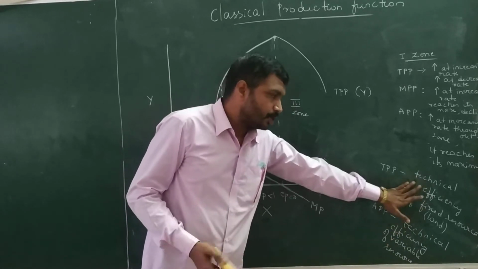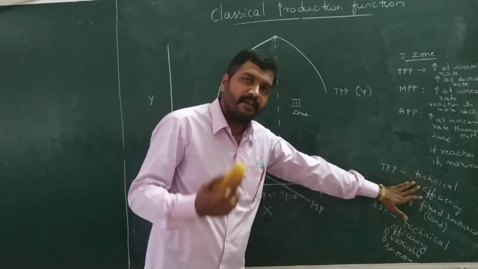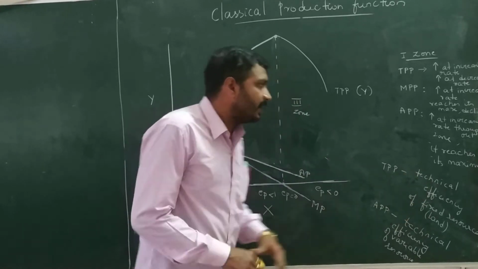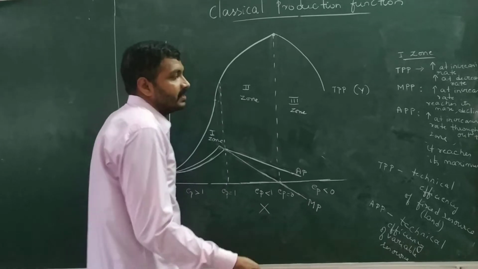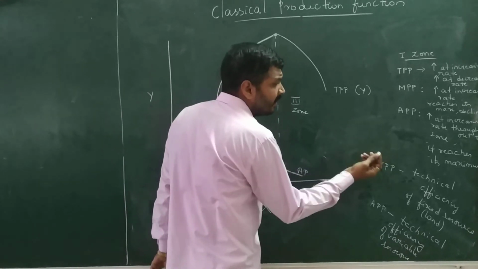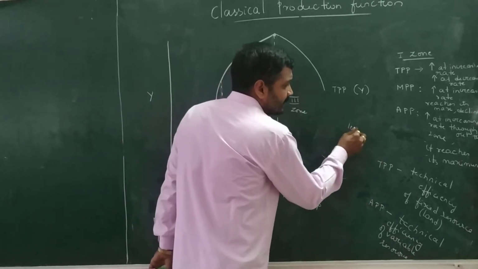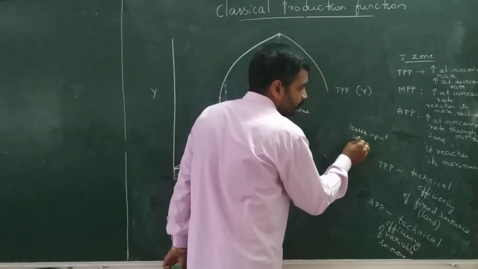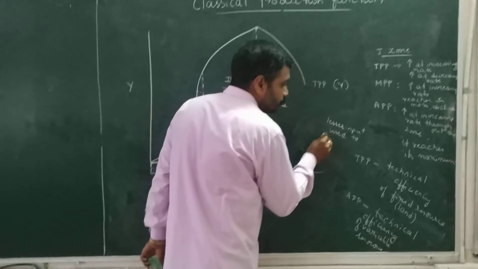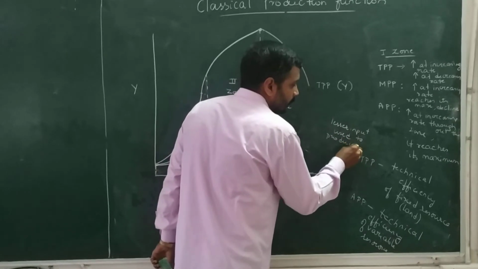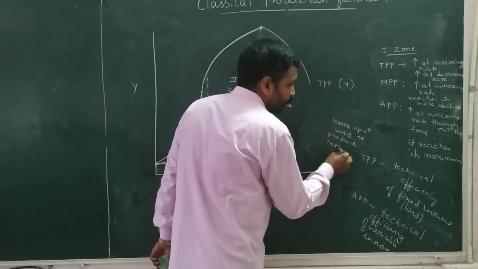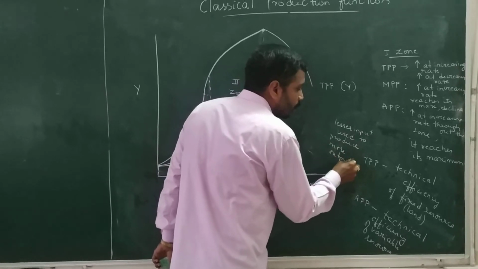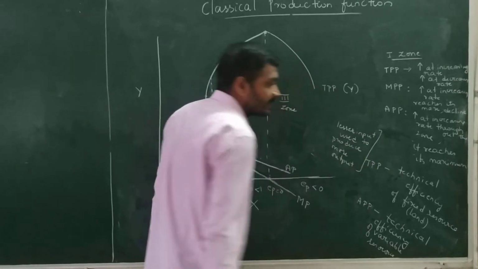It should keep on increasing, it should never decrease. Technical efficiency in the sense that lesser input should be used to produce more output. Then only we can call that condition efficient.